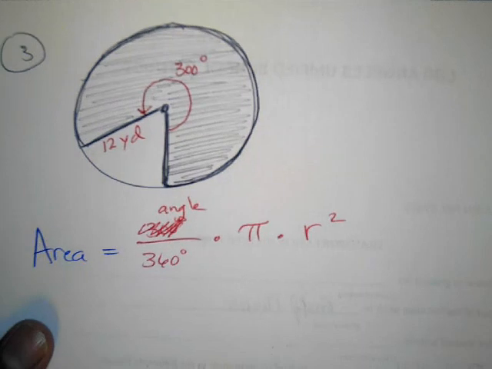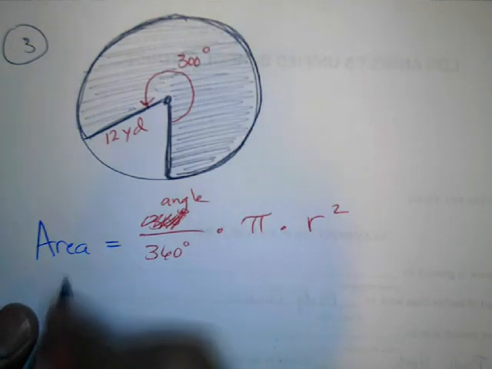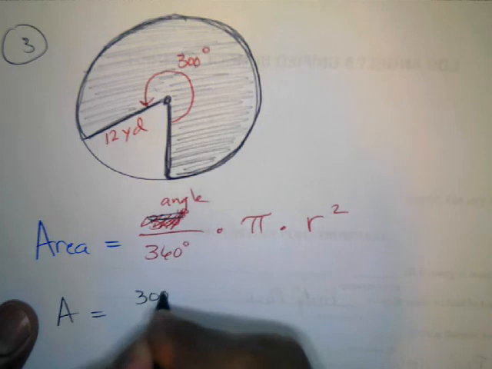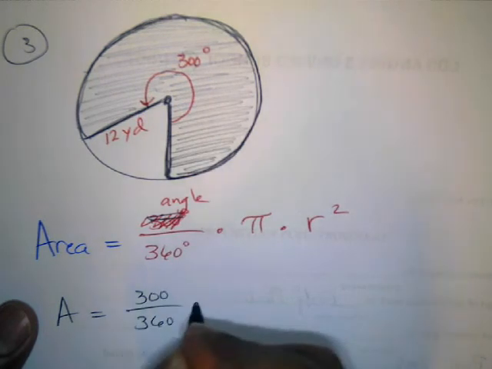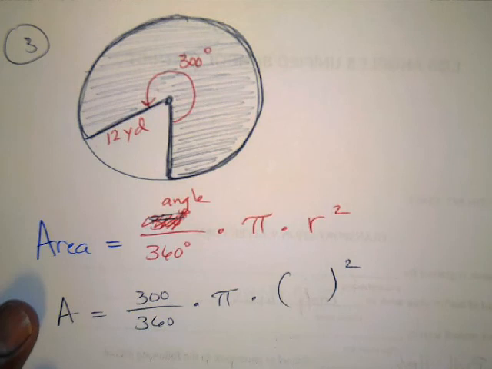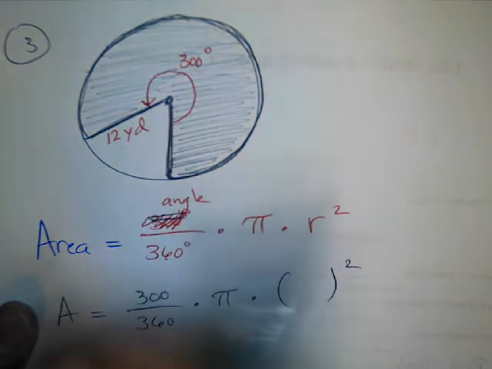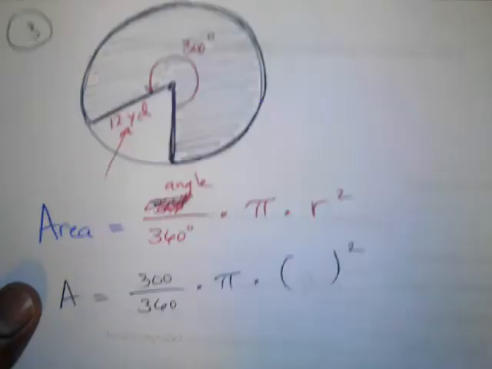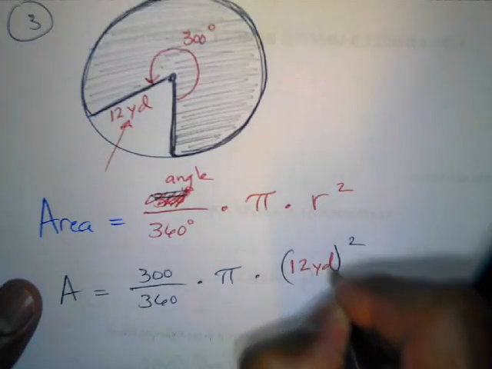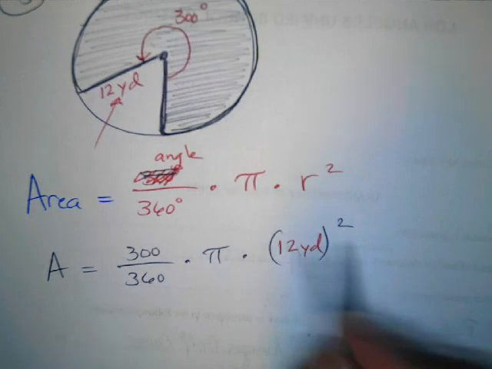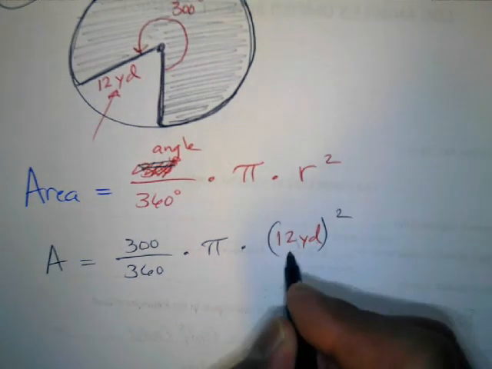I should just put angle. Angle times pi times r squared, or pi r squared, right? Same thing. So that's going to be A for area is equal to, what was the angle? 300 divided by 360 times pi times, I got to square the radius. The radius is what? 12 yards.